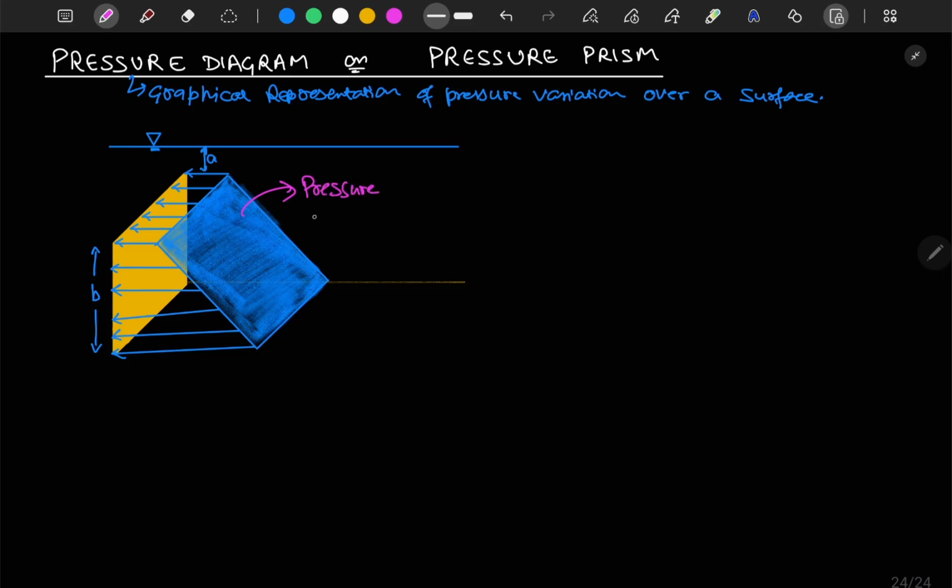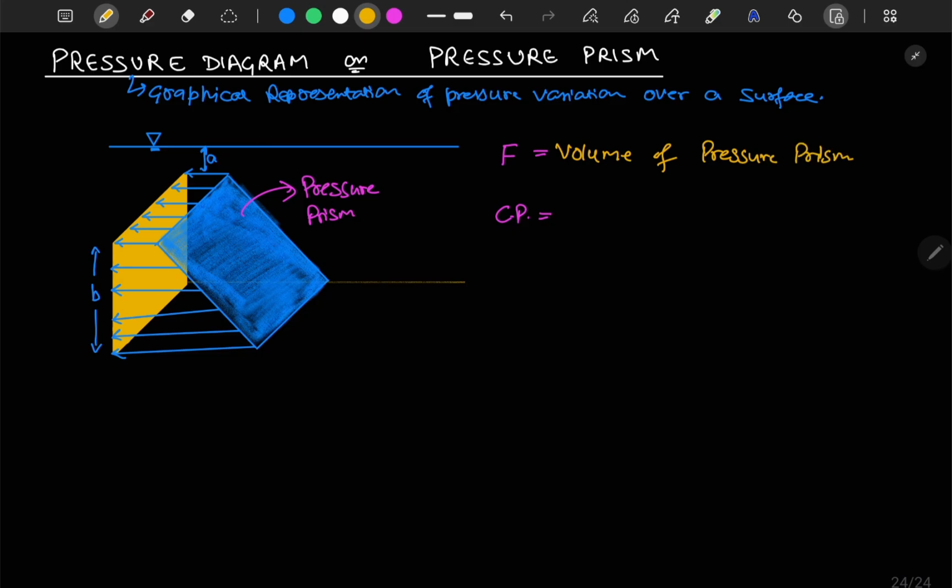Now, what is the benefit of making the pressure prism? You have to calculate the hydrostatic force F and your center of pressure point. From this pressure prism you can calculate both values directly. How? The force is the volume of the pressure prism. If you know the volume of the pressure prism, you can calculate your hydrostatic force.